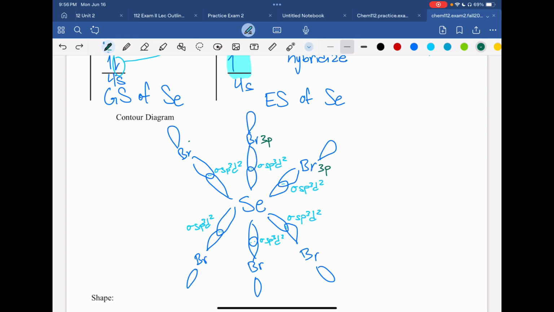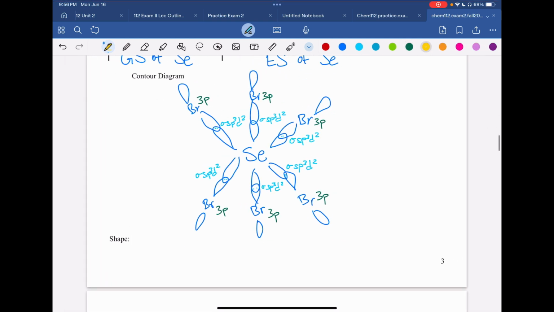So just put 3p, bam. And the last thing that's left is to do your angles. So what is the angle from here to here? This is your axial, right? This is 180.